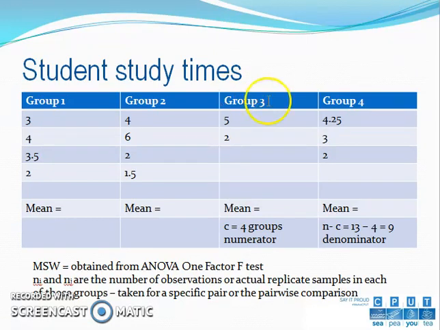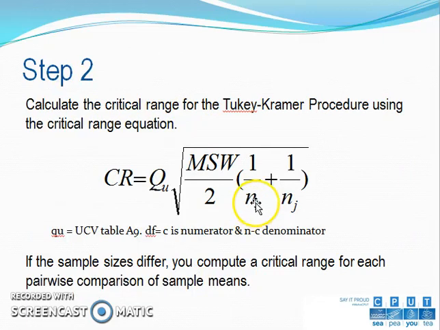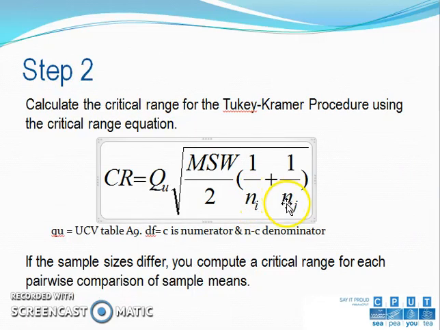The problem is if I have an example like this, where I have 4 observations in group 1 and 4 observations in group 2, but I have 2 observations in group 3 and 3 observations in group 4. So when I compare group 1 to group 2, in my formula, that would be 4 and 4.